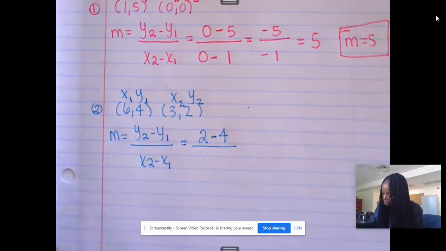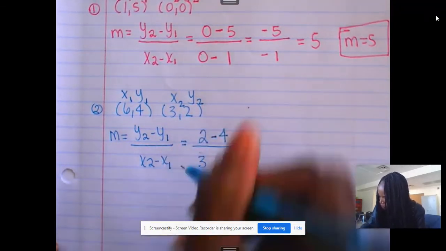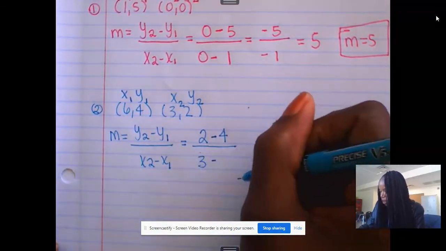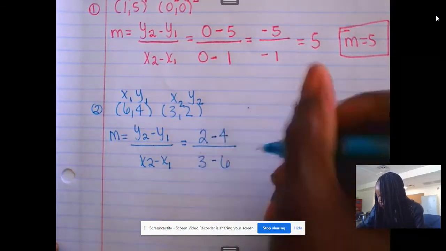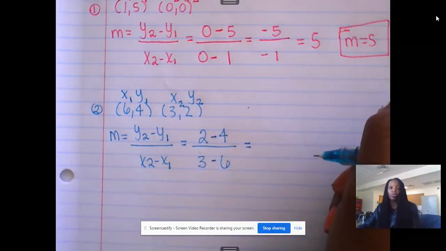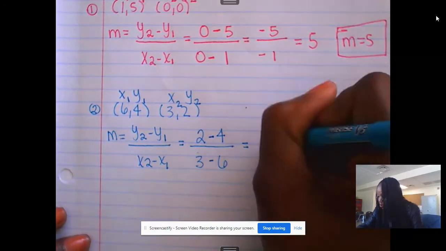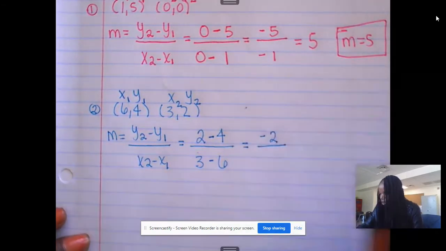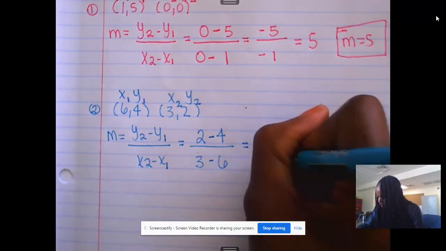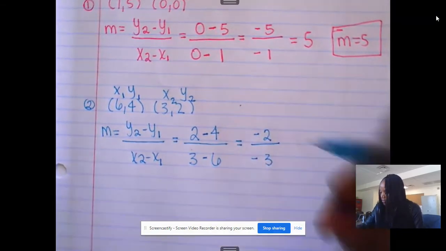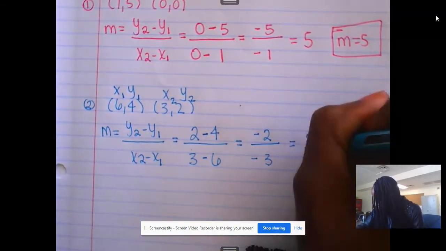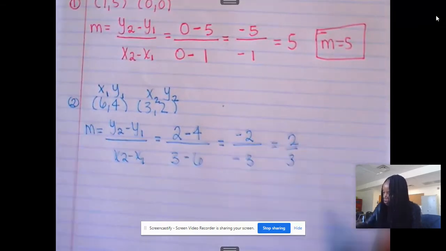My x sub 2 is 3. Minus sign from the formula. X sub 1 is 6. So 2 minus 4 will give me negative 2. 3 minus 6 will give me negative 3. A negative divided by a negative is a positive, so my answer is 2/3. So my actual slope is 2/3.